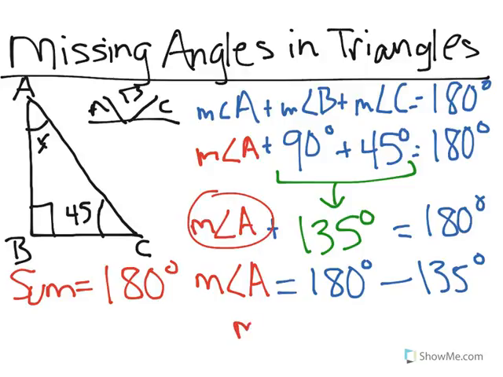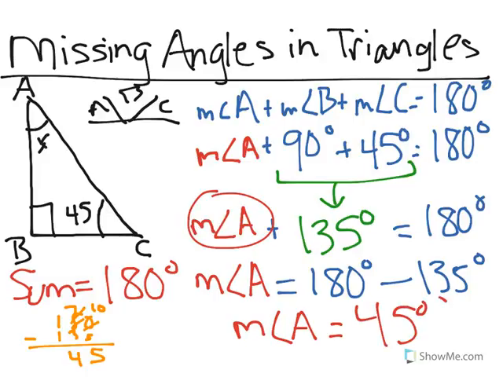So my answer, measure of angle A, is, well, let me do my subtraction. 180 minus 135. I get 5, 7, nope, that's 4. So my answer is 45 degrees. And that's the answer to my missing angle.